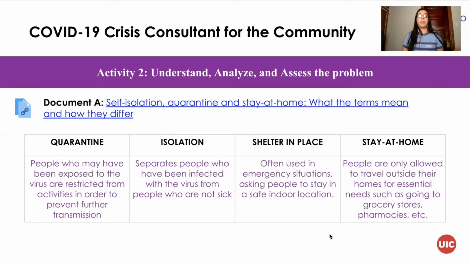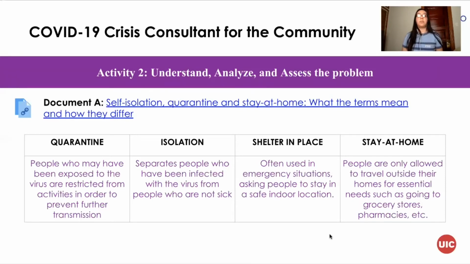And then we have shelter in place. Shelter in place and stay at home have been 2 terms that we have seen in the news. Governors around the country have used them. But typically shelter in place is used for emergency situations. In the article, they use an example of an active shooter alert, where the authorities will use shelter in place so people can stay in a safe indoor location until the situation is resolved.